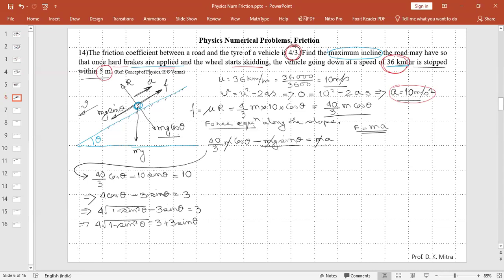Now, if you square both sides, you will find it is 16 into 1 minus sin square theta, is equal to 9 multiplied by 1 plus sin square theta plus 2 sin theta.